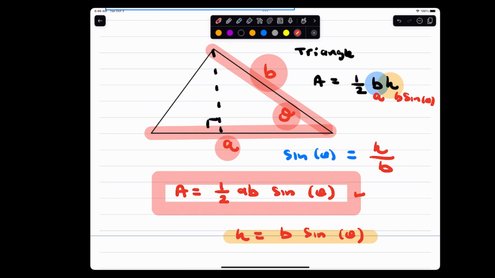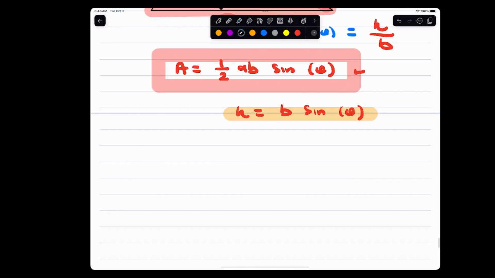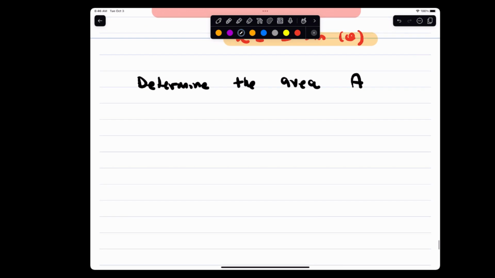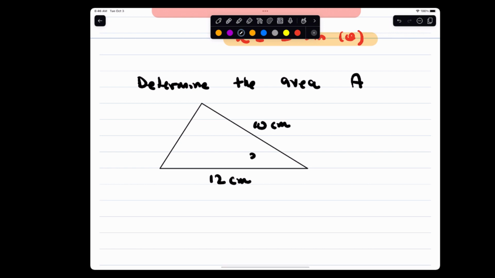So they like to give you guys some kind of examples here. They'll say just determine the area. Let's say this is 12 centimeters. This will be 10 centimeters. And your angle will be 32 degrees here.